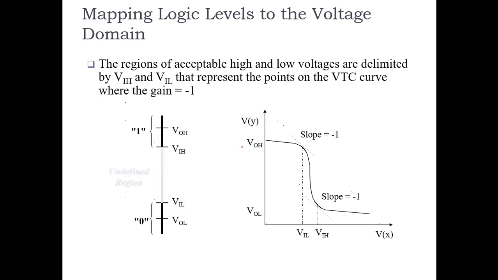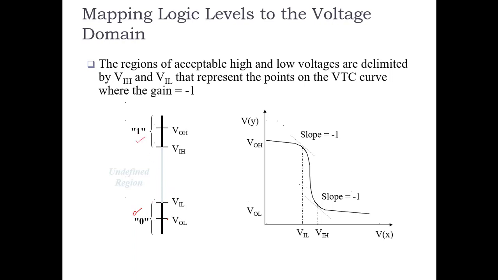So, the mapping of logic levels to voltage levels. We have these regions, and the regions of acceptable high and low are delimited by VIL and VIH, and represent voltages on the VTC. If you want to input a logic 0, the range is this one. If you want to input a logic 1, the range is this one.